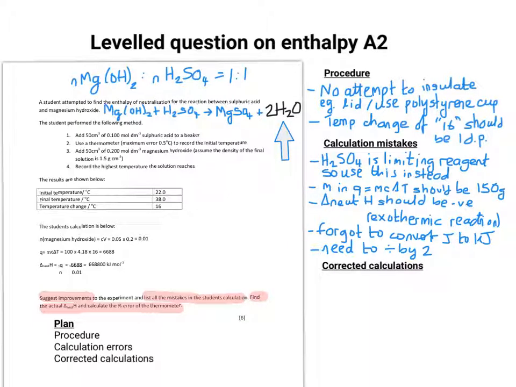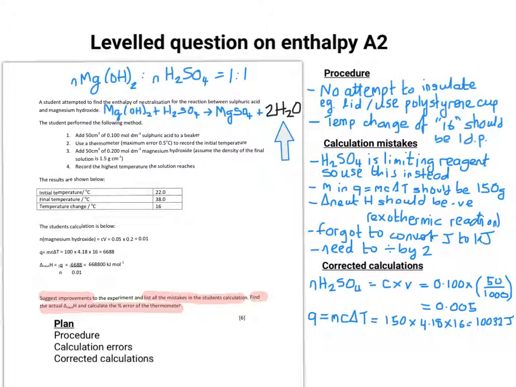So let's now go back to the beginning and do the corrected calculation. So we need to start off by calculating the amount of H2SO4 that actually reacted. So that gives us 0.005 moles. And if we do Q equals mc delta T, we get 10,032 joules. So to work out delta newt H, you need Q in kilojoules divided by the number of moles of water that was made.